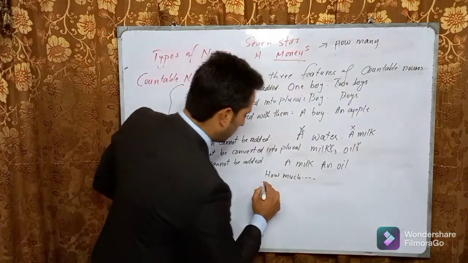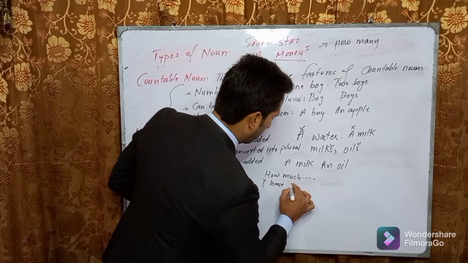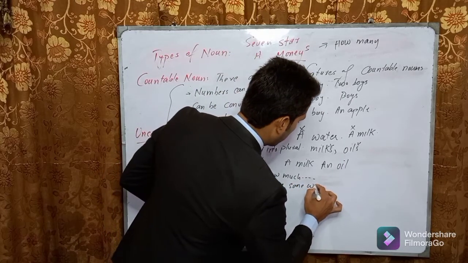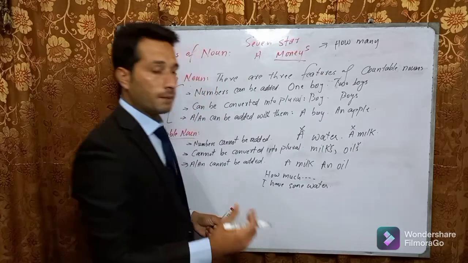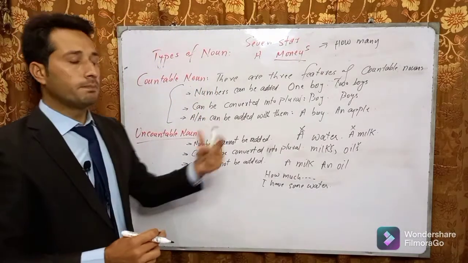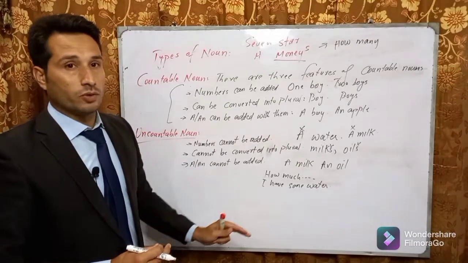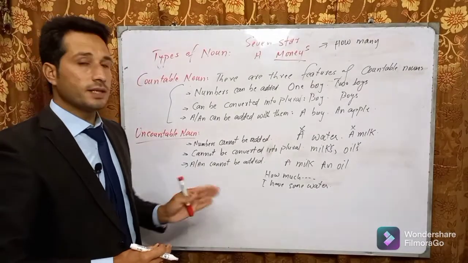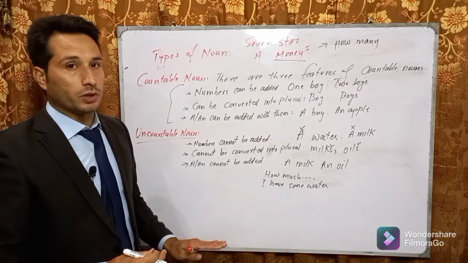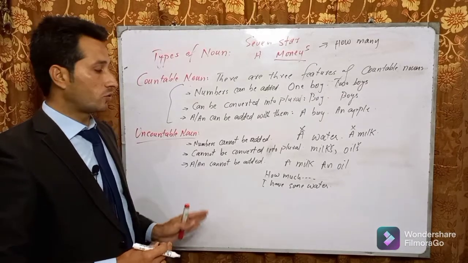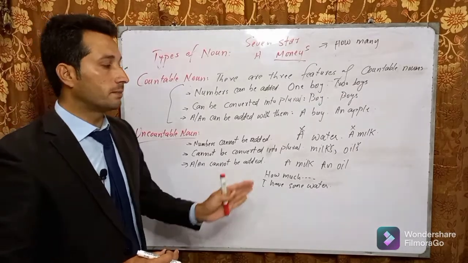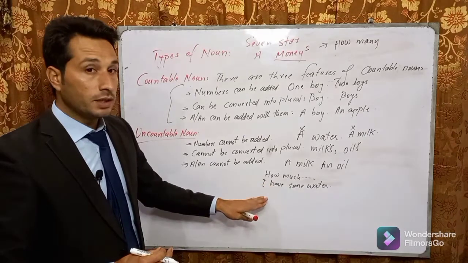For example, I have some water, I have some money, I have some milk, I have some oil. Or it is singular, there is some milk, there is some water. It cannot be plural. We cannot say there are some water or there are some oil or there are some milk. So the answer is always in singular.